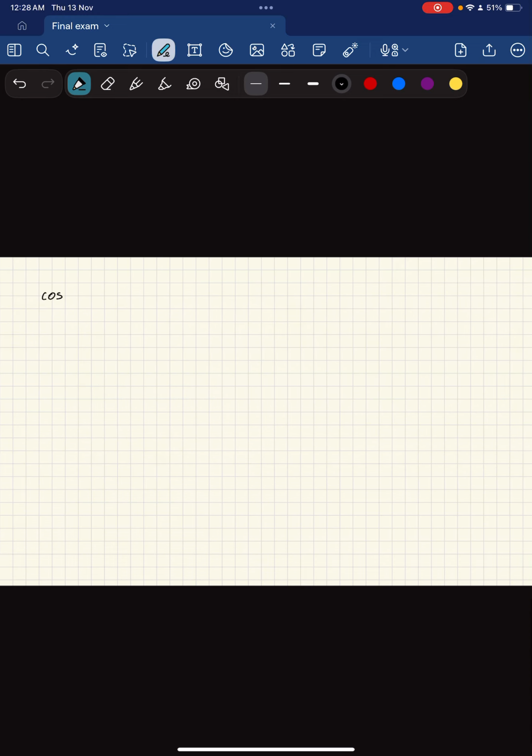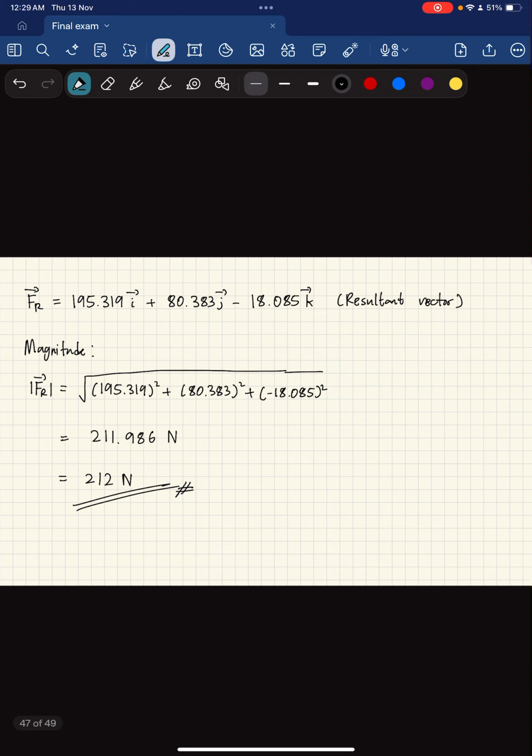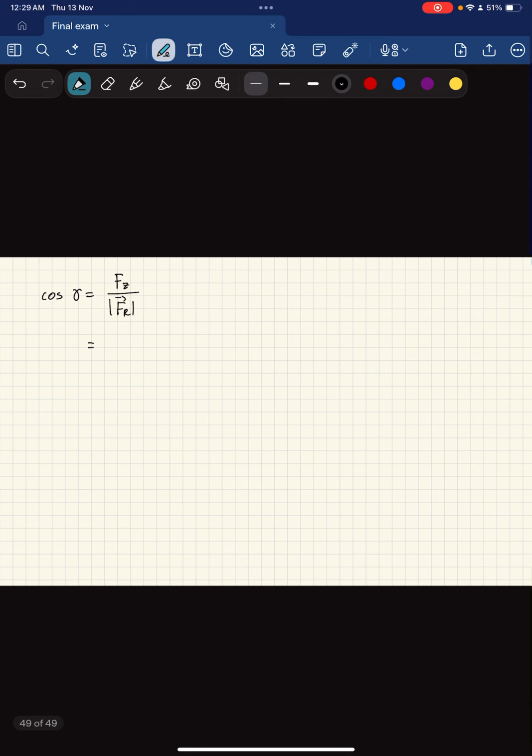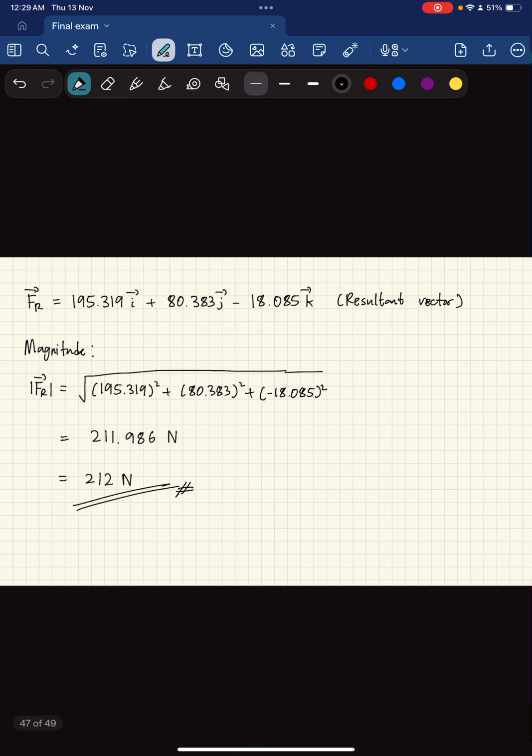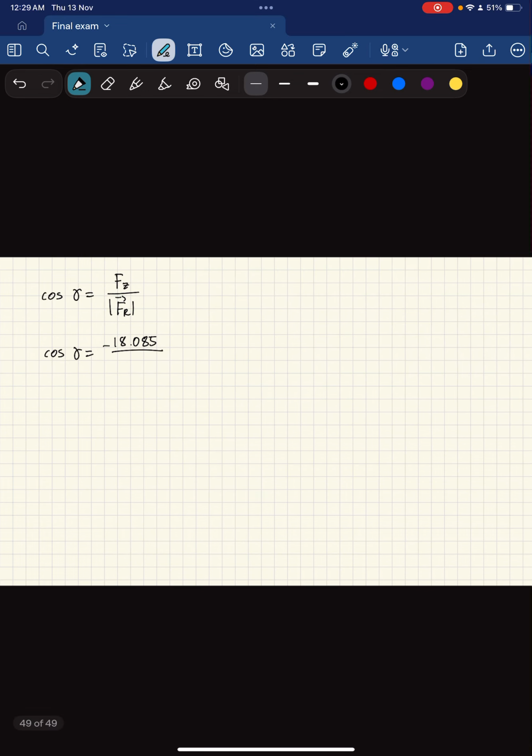Now for gamma, cosine gamma is Fz over the magnitude of the vector itself. Fz, if I'm not mistaken, was negative 18.085. So cosine gamma is negative 18.085 over 211.986.